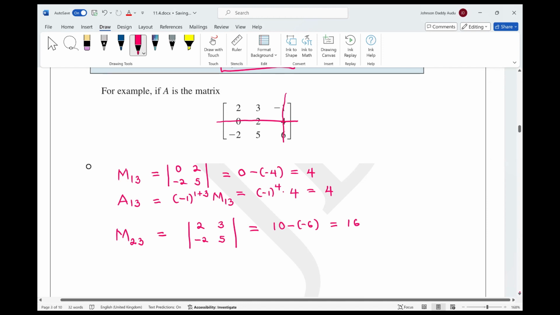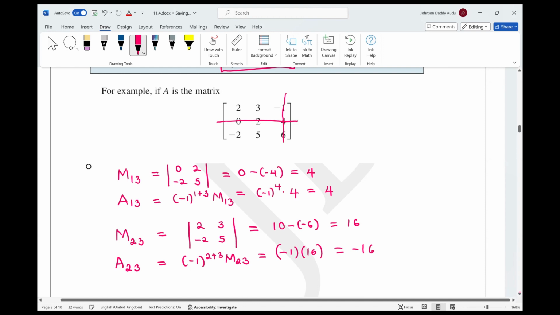Correct? Yes. But what is A23, which is the cofactor? It's going to be minus 1 to the power 2 plus 3, times M23. This is just going to be minus 1 multiplied by 16. So this is going to be minus 16. All right.